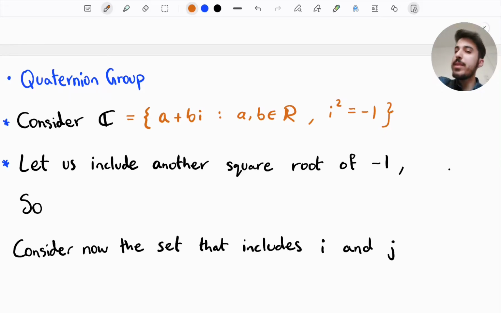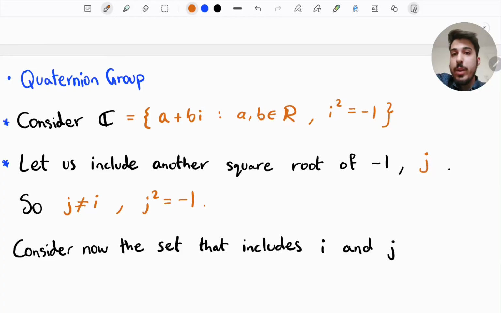But what if we decided to include another distinct square root of -1? So let us do that. We call it j. So j is different from i, but also j squared is equal to -1. So what happens then?